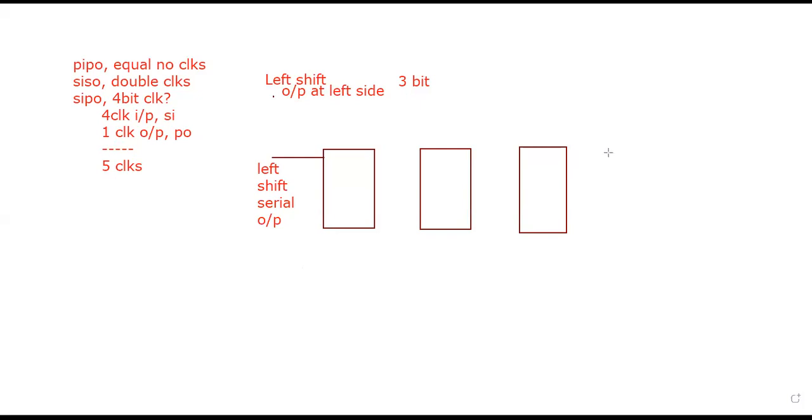So if I'm writing our output at the left, my input would obviously be on the right side. Here there should be a clock. Draw the common clock first. In a register we have a common clock to each flip-flop.